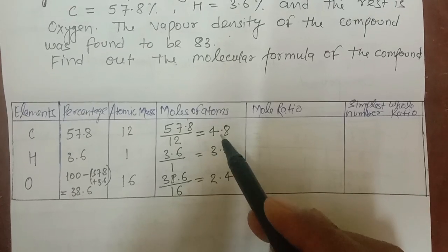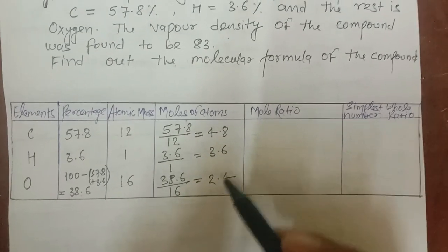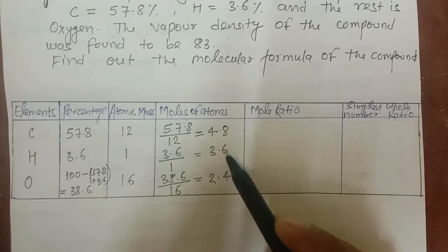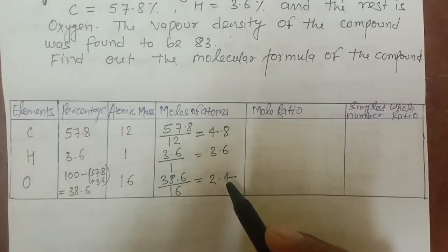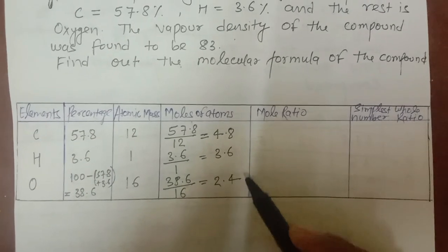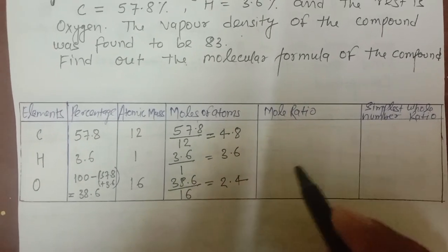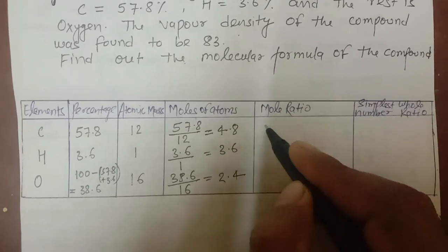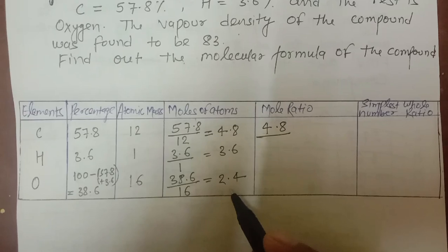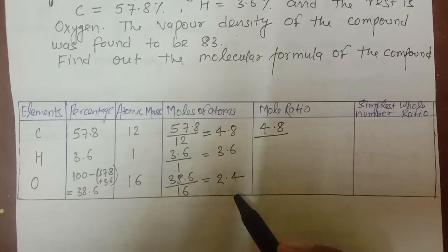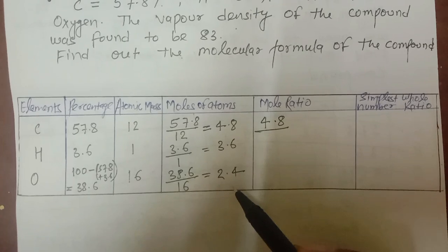Out of these moles of atoms, find out which is the smallest one. Here, 2.4 is the smallest. By the smallest mole, you have to divide the other moles for finding the mole ratio. So we will divide all the moles of atoms by 2.4.